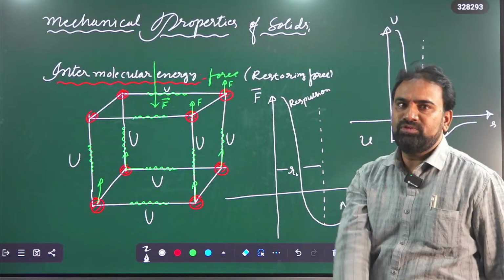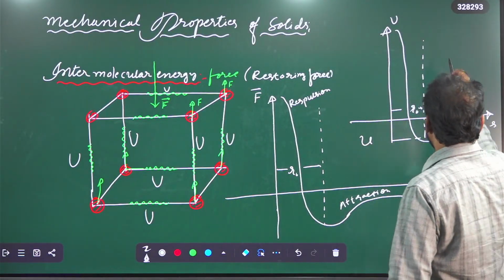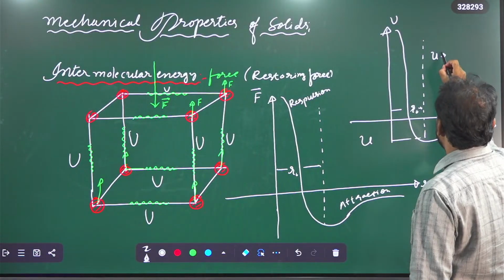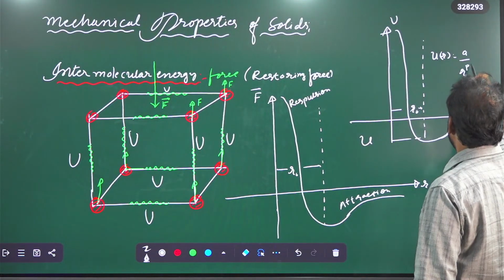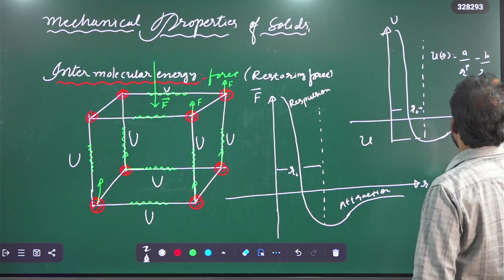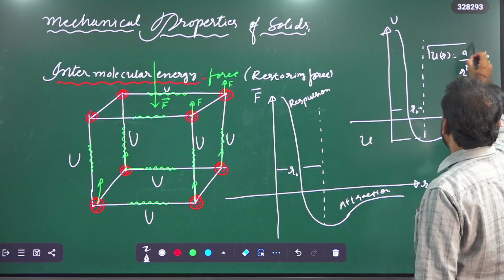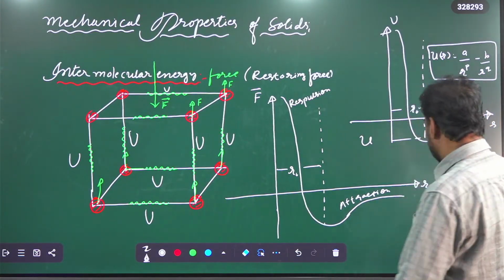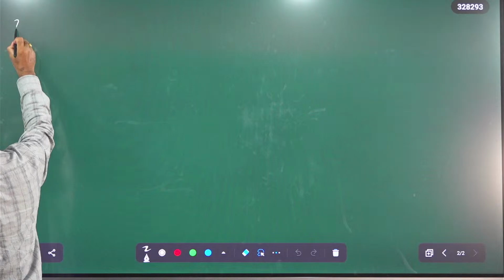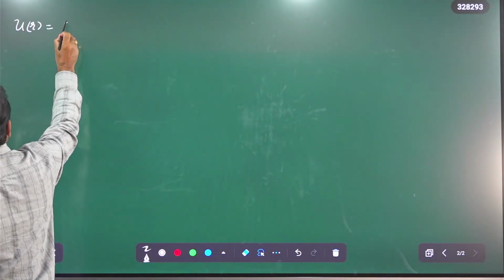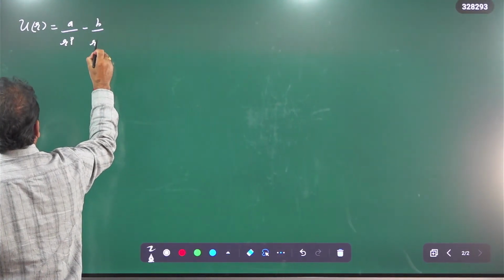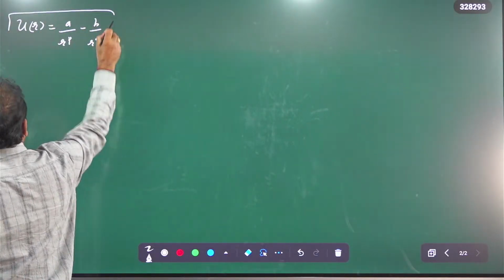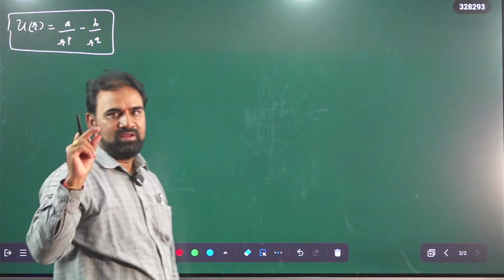This energy varies with distance according to U of R equals A by R to the power P minus B by R to the power Q. This is the variation of the intermolecular energy between the molecules.